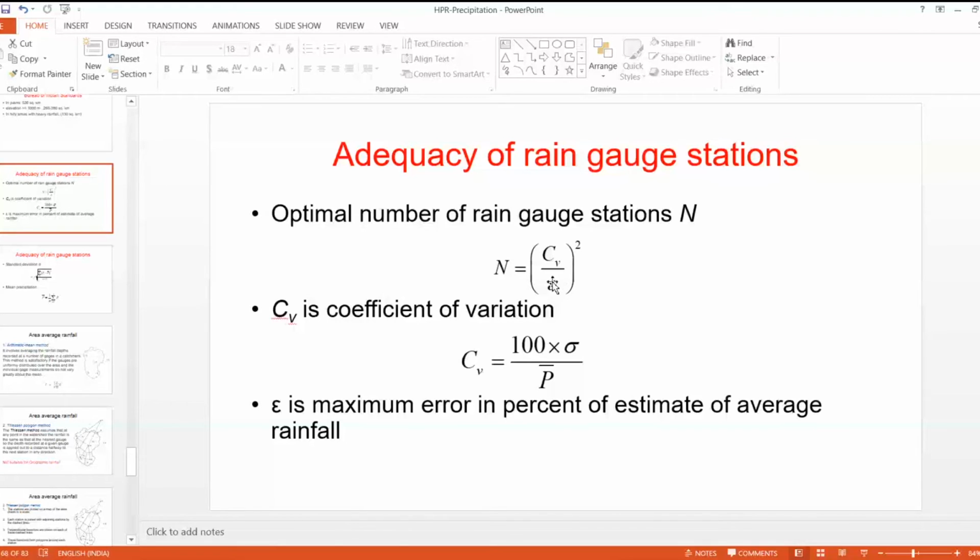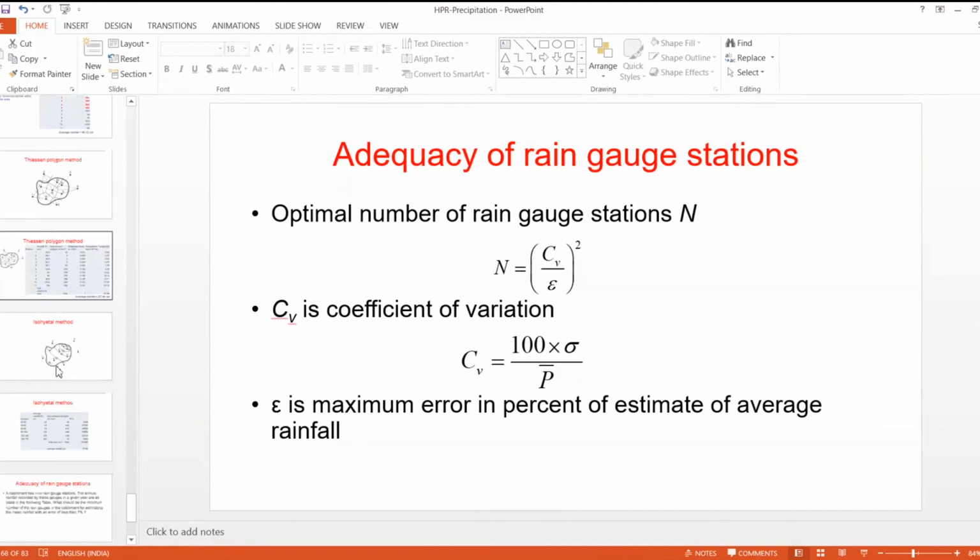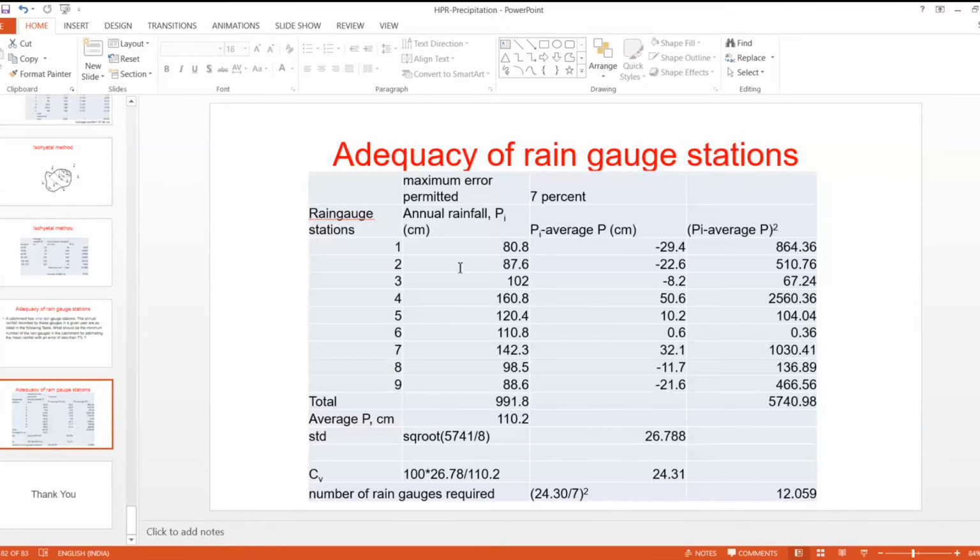And suppose we want minimum variation with respect to the average rainfall of that catchment area, then we need a higher number of rain gauge stations, with a density such that we have minimum variation.